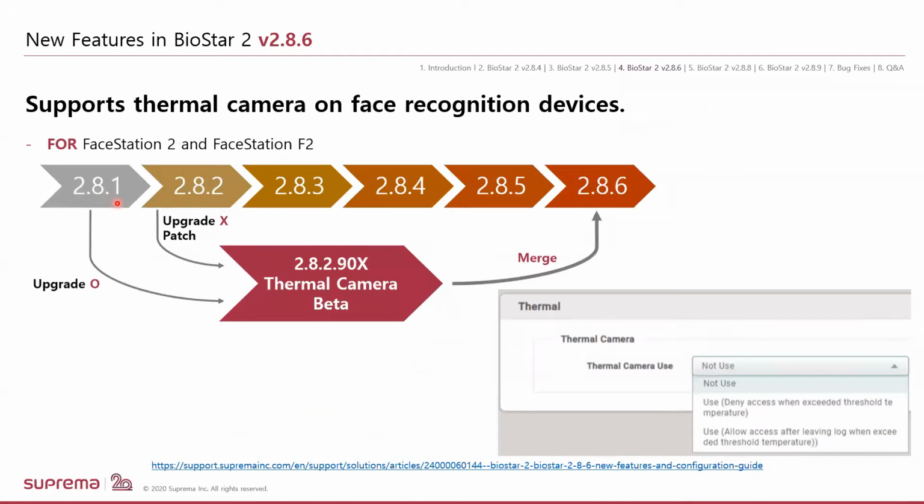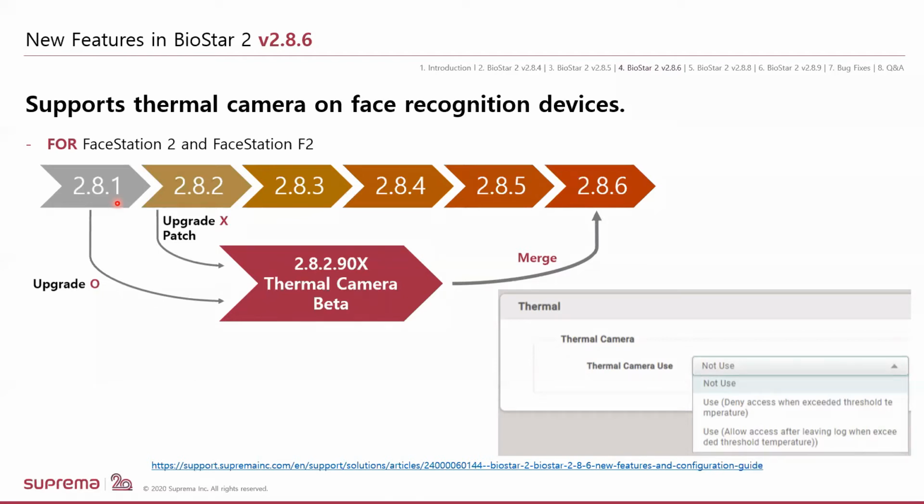The next new feature is the ability of face authentication devices and temperature cameras. In the previous BioStar 2 new features webinar, we introduced that there is a beta BioStar 2 version that supports TCM10, a Suprema temperature measuring camera, called BioStar 2.8.2.90x.